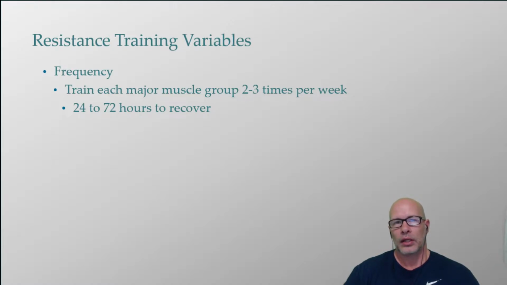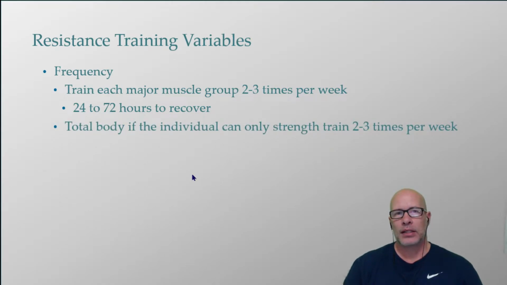So the lower your fitness level, the longer it may take to recover depending on the volume and intensity of the workout, and the more fit you are, typically you'll recover faster. But the bottom line is that it usually takes about 24 to 48 hours. And because of that, if you do the math, you can train every major muscle group in your body 2 to 3 times a week.